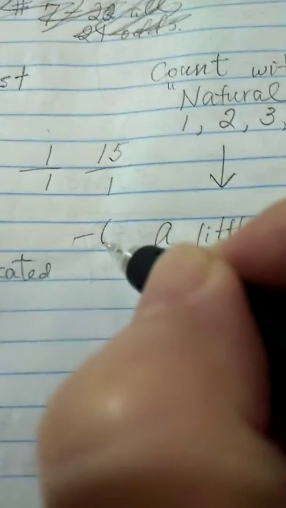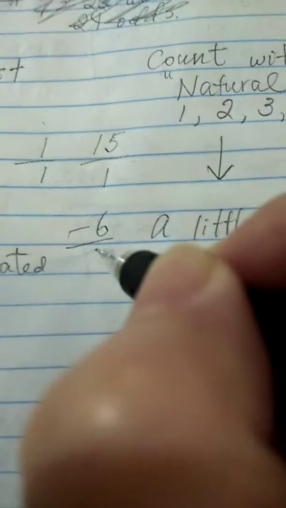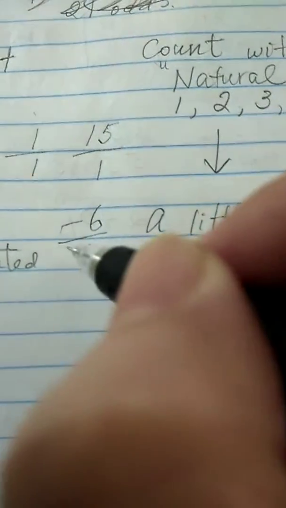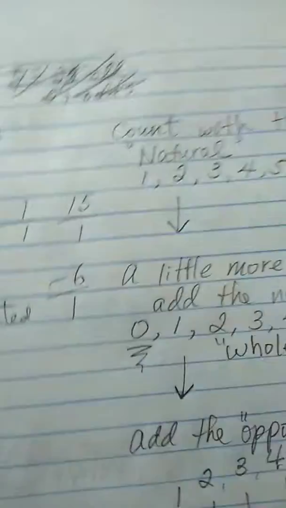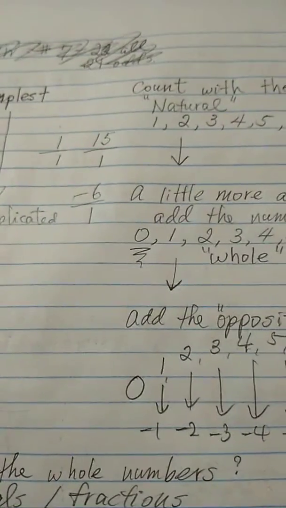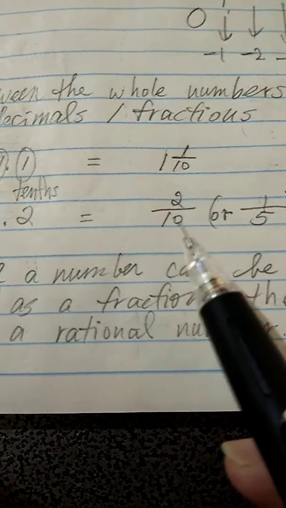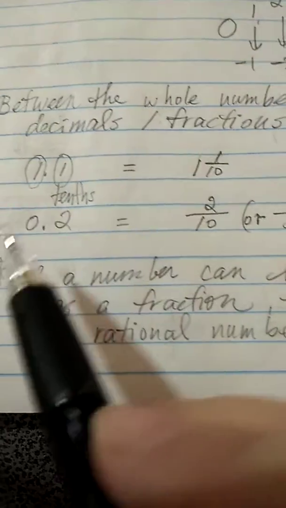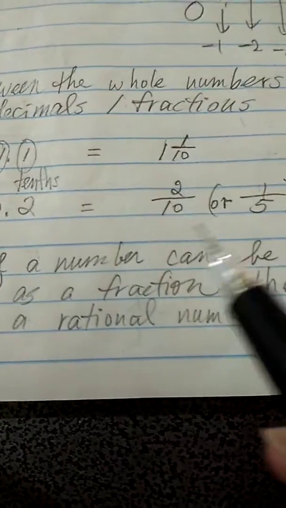A negative number can also be written as a fraction as long as you put it over 1. So these numbers even can be expressed as fractions. That's what makes them rational numbers as well. Anything that can be written as a fraction is a rational number.